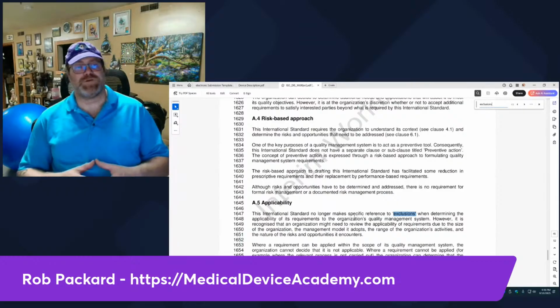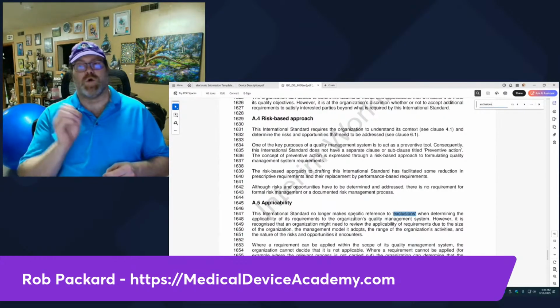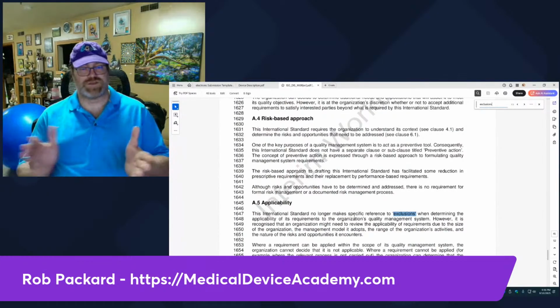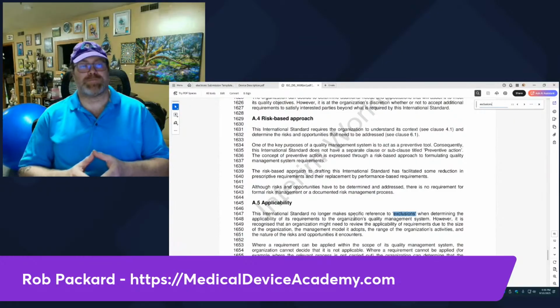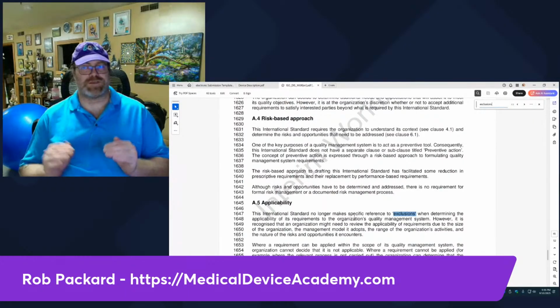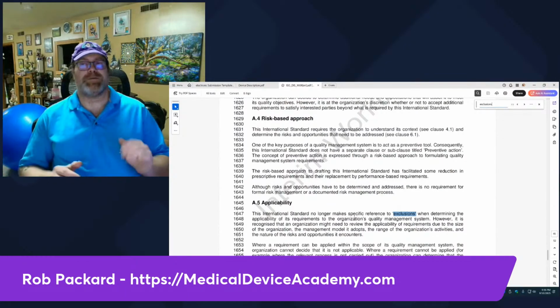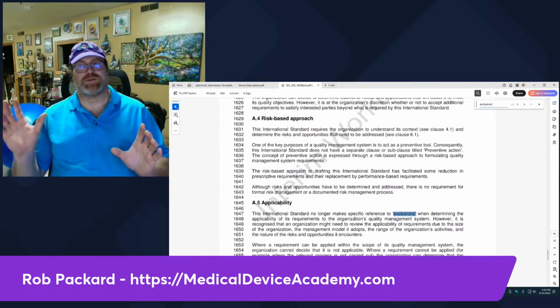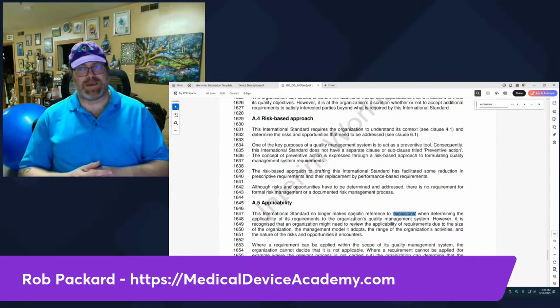It was a bit confusing because the rules for 13485 said that you can only exclude design, and all the other clauses in 7, product realization and planning, could be non-applicable depending on the type of product. In 2016, they expanded that to allow it to not just be product realization, which would be clause 7, but now it also includes all of 6, and all of 8 can also be non-applicable.